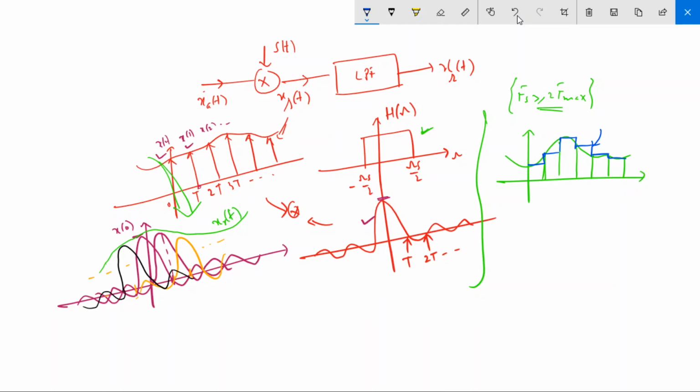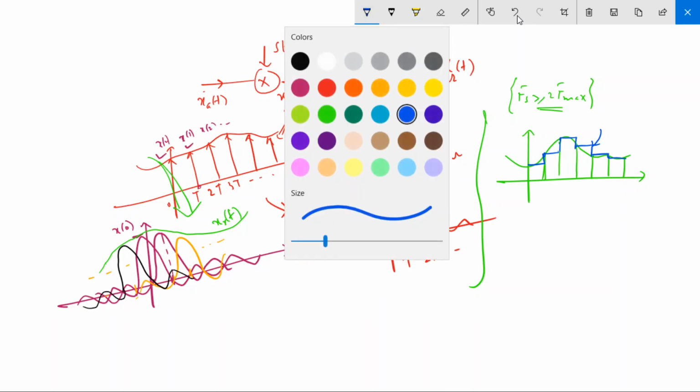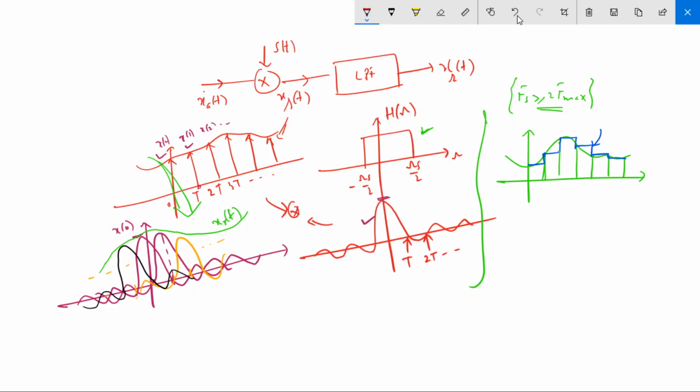Okay. Or another way is you use linear interpolation. So in linear interpolation you simply connect the sample points linearly like this. Okay. This is the output of the linear interpolator.